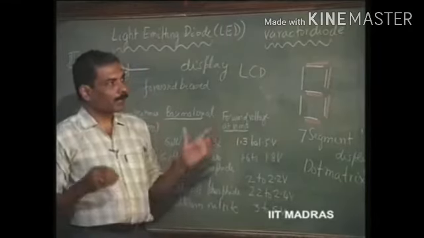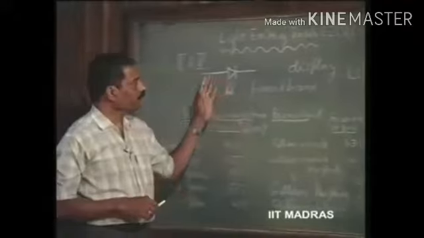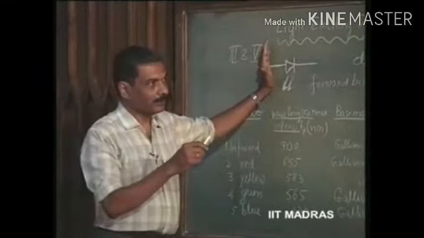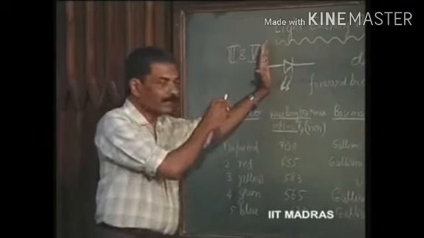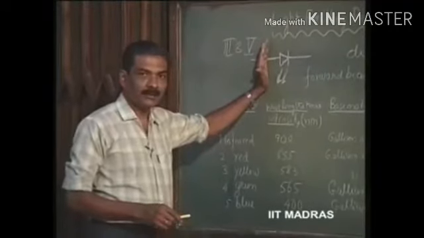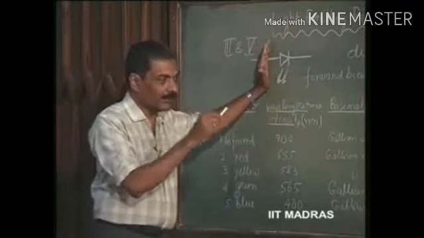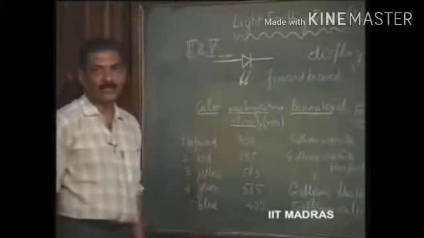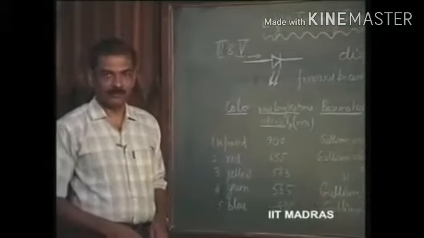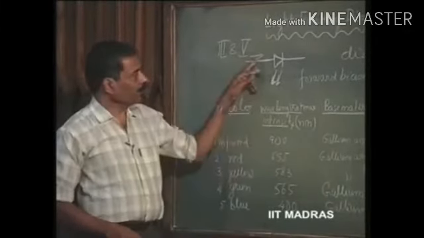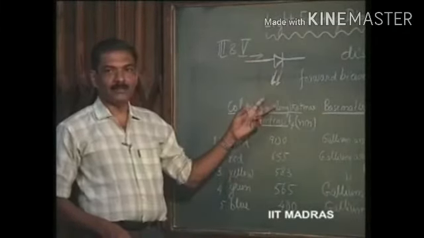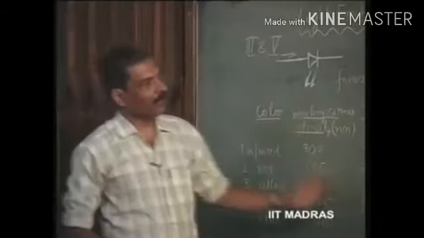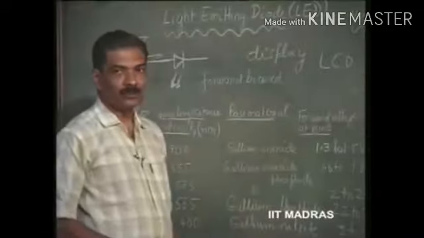Now, a combination of photodiode along with the LED to detect light, that is LED to emit light corresponding to some current, let us say. This is the current flowing in some circuit, assume. Corresponding to this current, some amount of light is going to emerge. This light, let it fall on another photodiode.